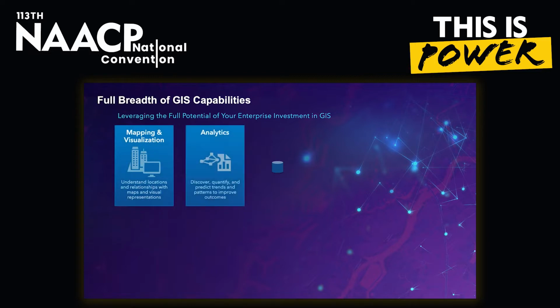Use your GIS for mapping, visualization, and analytics to assess conditions, reveal patterns, and find opportunities to improve outcomes. Use your GIS for data management to collect, organize, and maintain accurate locations and details about community assets, community resources, and community conditions. You're constantly working to find the best places to deploy your incredible interventions and where to focus your work on policy change and which issues to focus on in which communities.